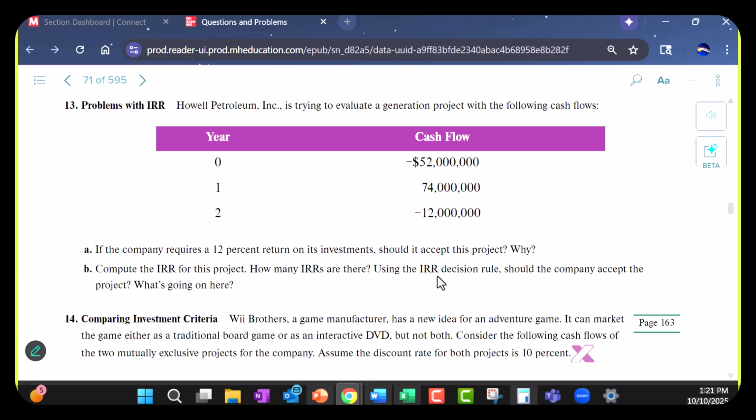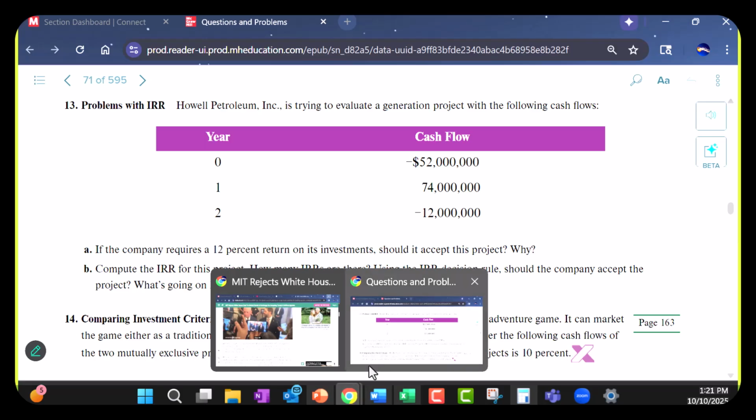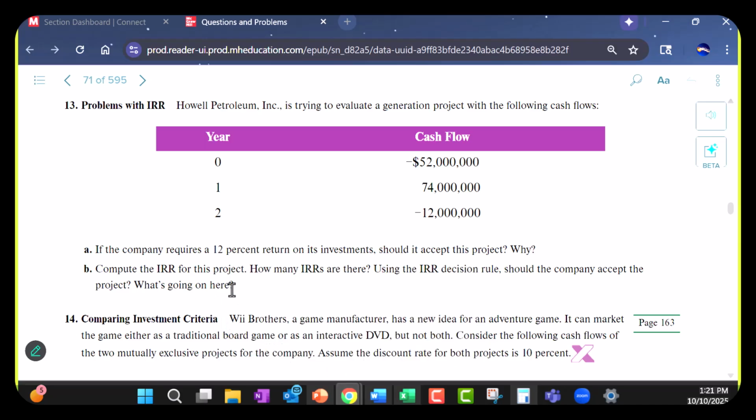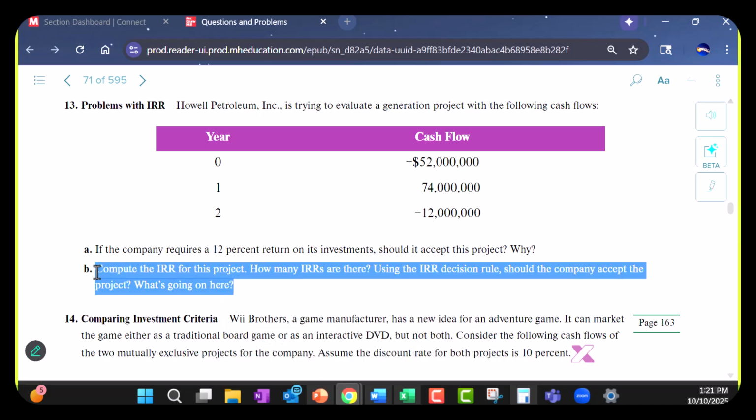There are two IRRs, but based on this, yes, I should accept the project because actually, no. I mean, the second IRR, negative 81%, is very small. What's going on here is multiple solutions.